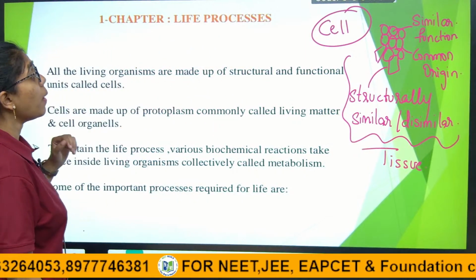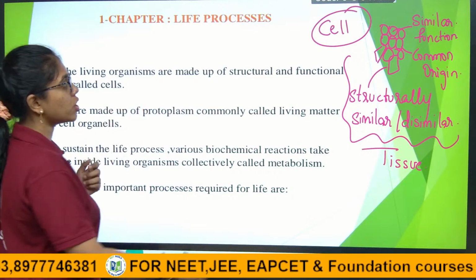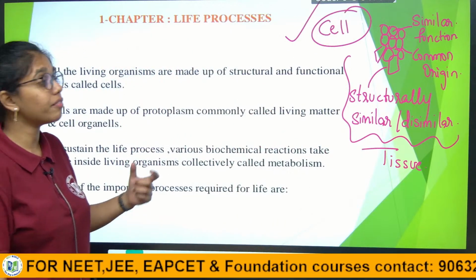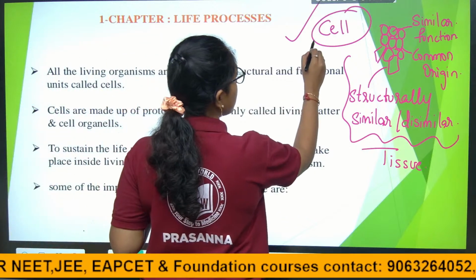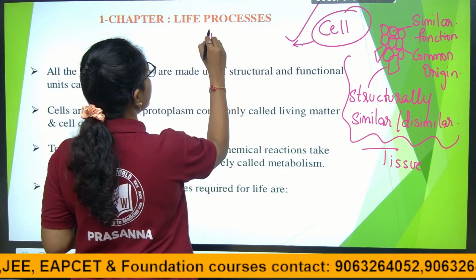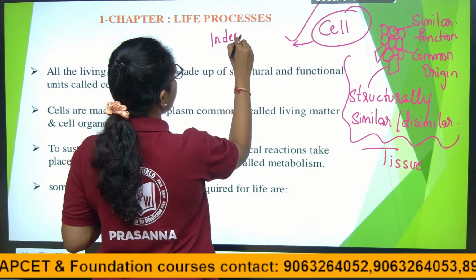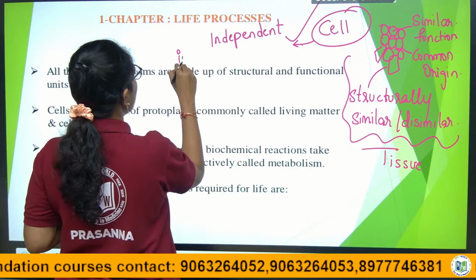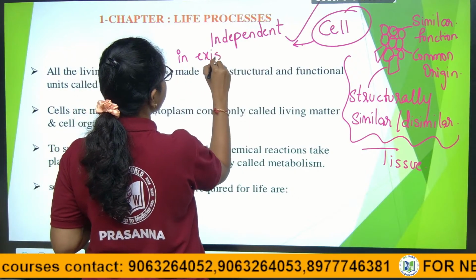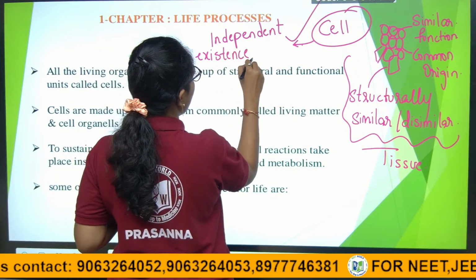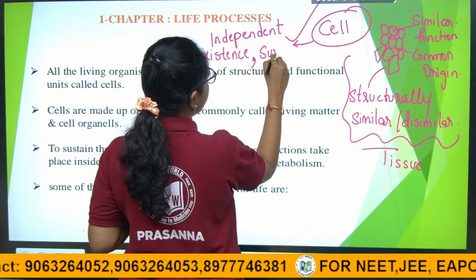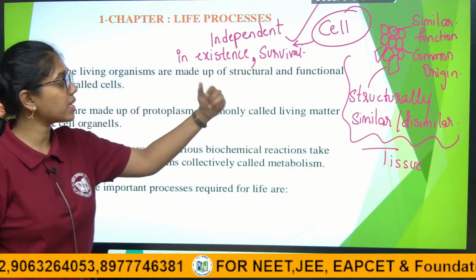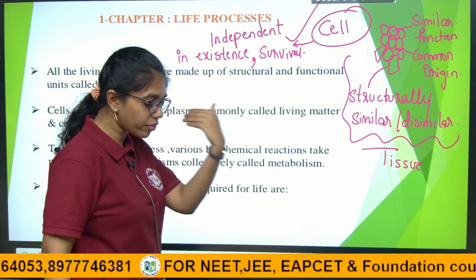So, what is the basic structural and functional unit of life? Cell is the structural and functional unit of life. We call it this because a cell is independent in existence and survival. A single cell can live without the help of anything.